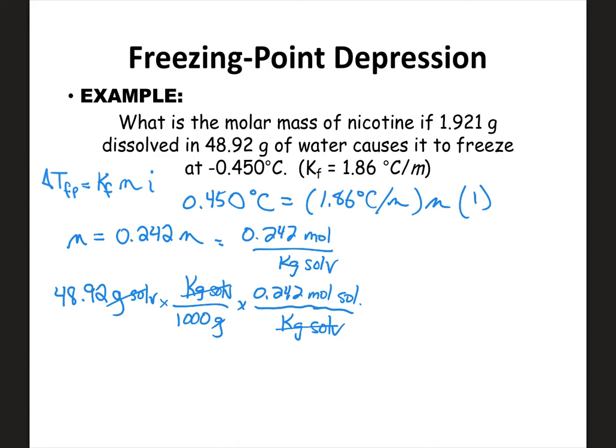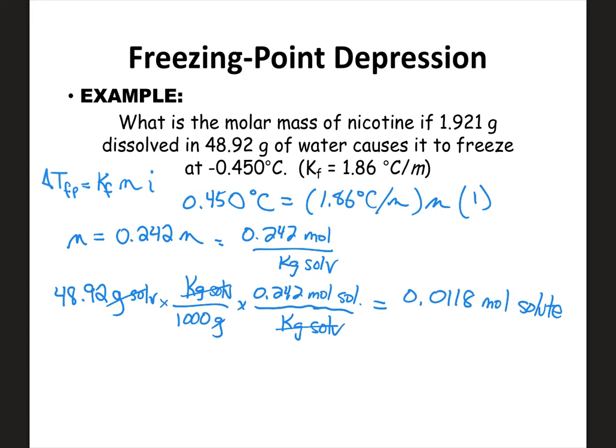We're trying to find the molar mass of nicotine, so we need the grams of nicotine for the moles of nicotine, and nicotine's the solute. In order to do molar mass, that's grams per mole. So now we're in the moles of the solute, which is the nicotine. When you plug and chug and sig fig, it should be 0.0118 moles of your solute, or your nicotine.